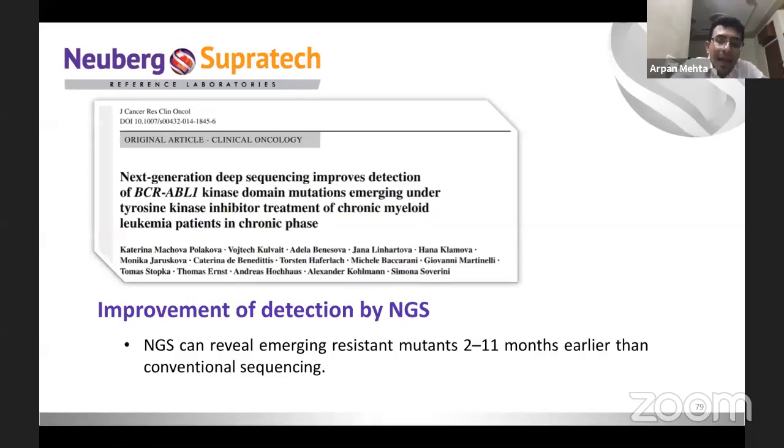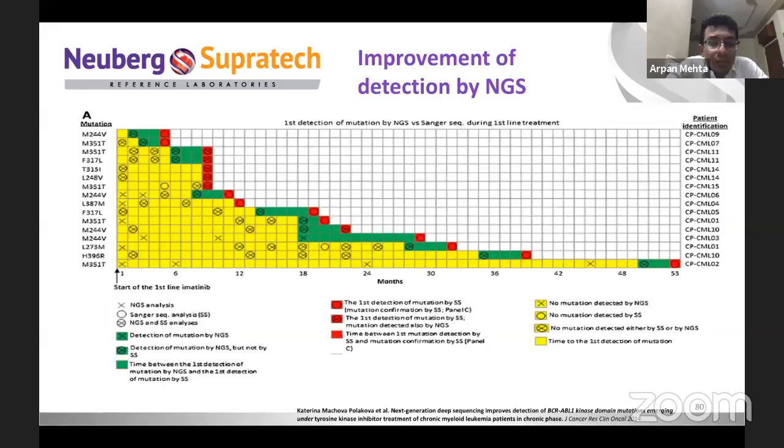So this paper highlights the importance of NGS over Sanger. It proves that it can reveal emerging resistant mutations about 2 to 11 months earlier than conventional sequencing. This graph shows the same. On the x-axis, we can see the number of months after starting imatinib, and on the y-axis, different patients. Yellow blocks indicate that the mutation is undetectable by both Sanger as well as by NGS.